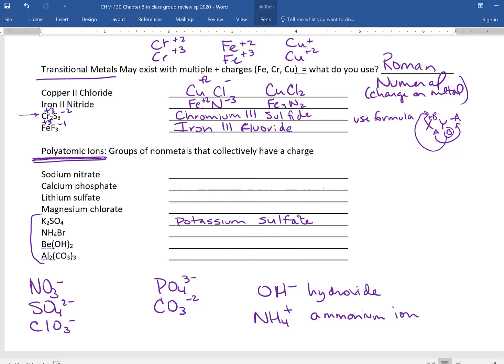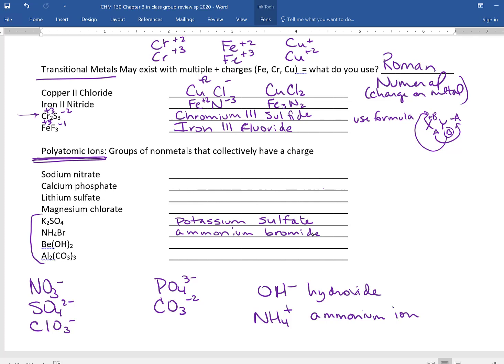NH4Br. Ammonium bromide. You always just use the name of the polyatomic, so you don't change it at all. Don't worry about adding. You don't have to name the nitrogen and hydrogens there. You just call it ammonium.